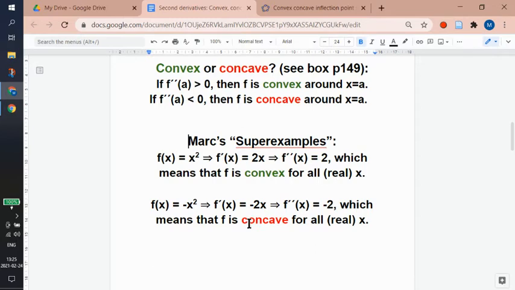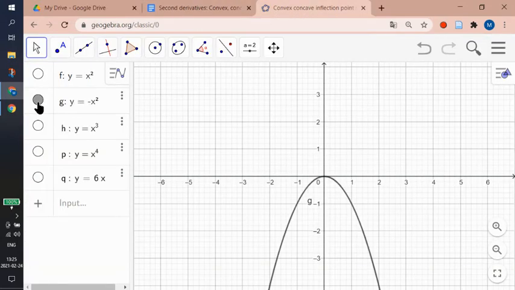So this function is concave for all x. The graph lies below a tangent drawn at any point. We could draw tangents at any point, and the graph would lie below those tangents, so we say that it's concave.